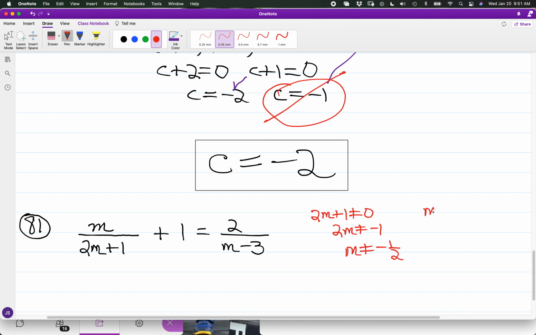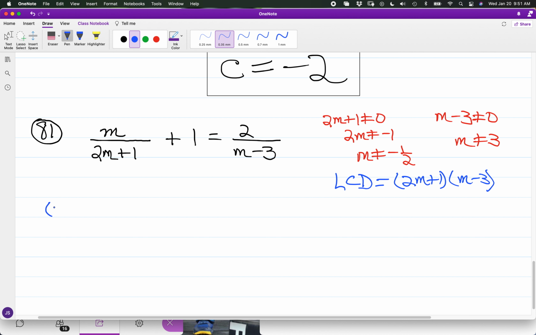And m minus 3 cannot be equal to 0, so m cannot be equal to 3. In terms of the least common denominator, that is going to be 2m plus 1 times m minus 3. And again, we're just clearing out the fractions.